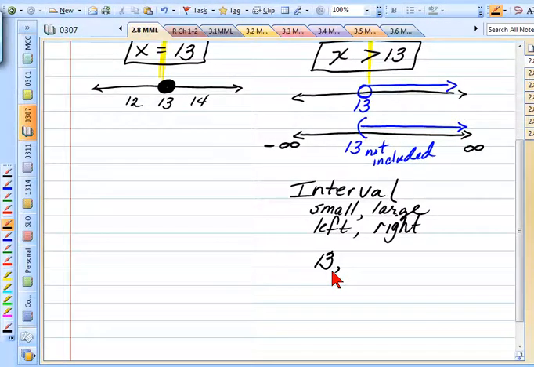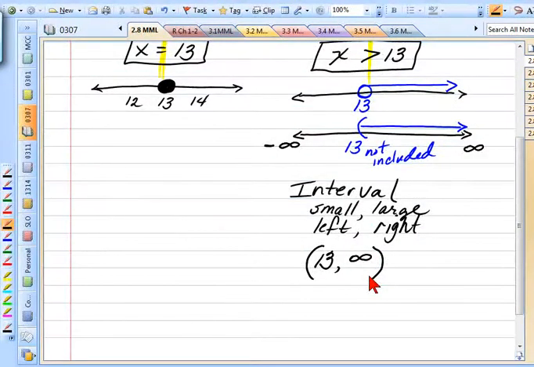That's even smaller, closer to 13. So there is no such first number. So what I do is use those parentheses to say, but don't include 13. The same thing I used up here. And then how far does it go to the right? Infinity. And because the concept of infinity cannot be contained, I always use parentheses on infinity.